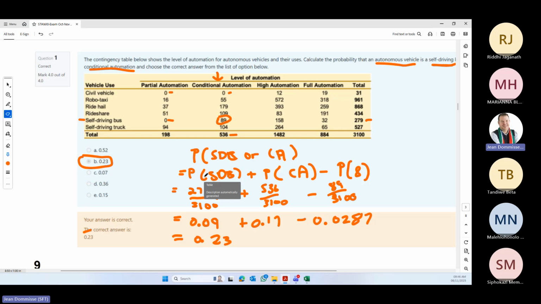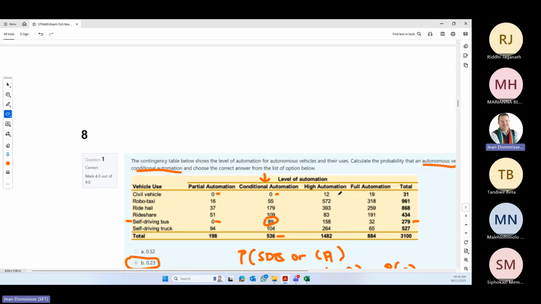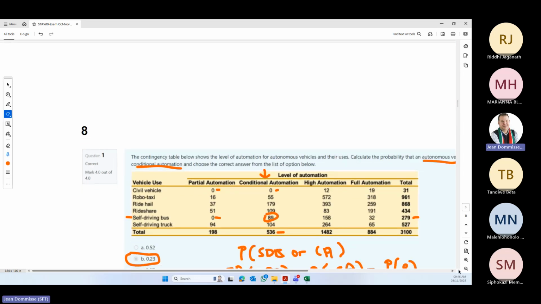Probability of self-driving bus plus the probability of conditional automation, minus the and of the two. Okay, oops, let's go down differently.